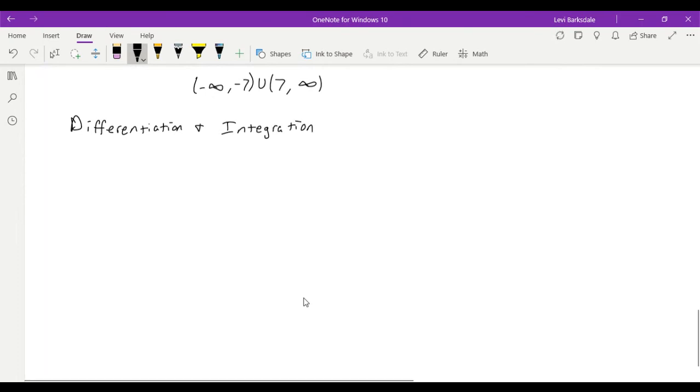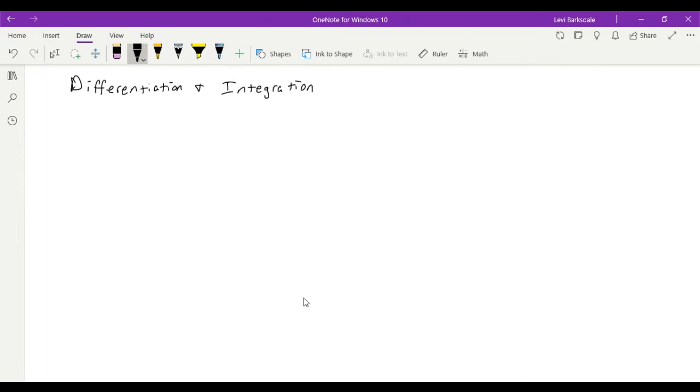And a lot of this has parallels with the limits or finding the domain of your vector valued functions. Basically, whenever you differentiate a vector valued function, you're going to differentiate each of its components. So if we have a vector valued function r of t, then the change in our function with respect to t would just be the derivative of each component.